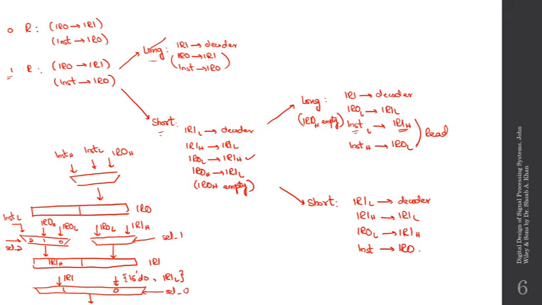Again, if I quickly go through them, the IR0H case occurred when a short instruction was executed. IR0H was saved into IR0L, and the lower part of instruction was saved when a long instruction occurred. That is, the instruction was saved into IR0. So low of instruction was saved into IR0's low.